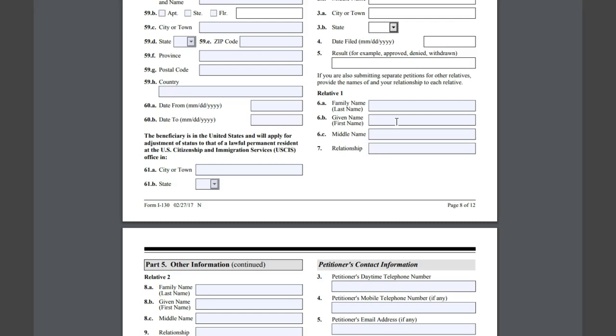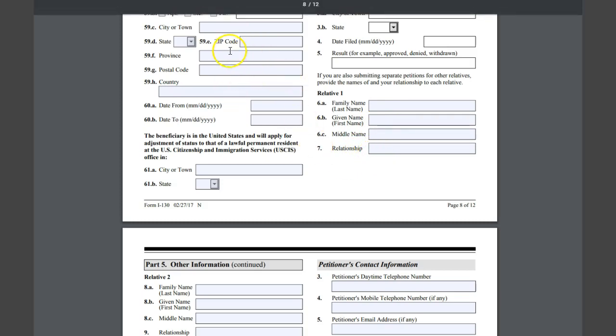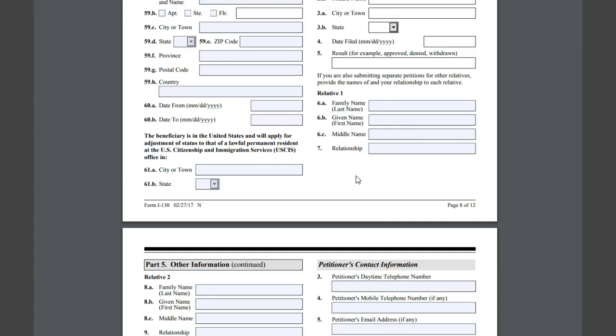They just want to have a set for this application. Right? So let's say you're filing for two children at the same time. This application is going to be for the first child, and then you will put the name of the second child here. So basically the question is, besides this application, at the same time, are you applying for other relatives?